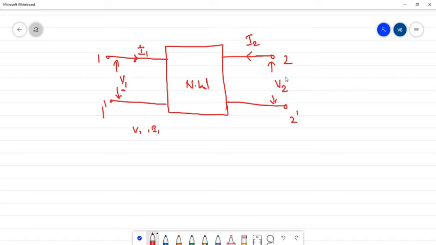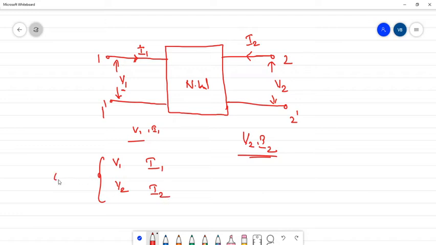Because this is an open port. With an open port there is no current, so that current should pass inside the network. So I2 is also inside the network. Here we have taken two parameters, V2 as well as I2. So in total, how many parameters do we have in the network? Those are 4 parameters: V1, V2, I1, I2.